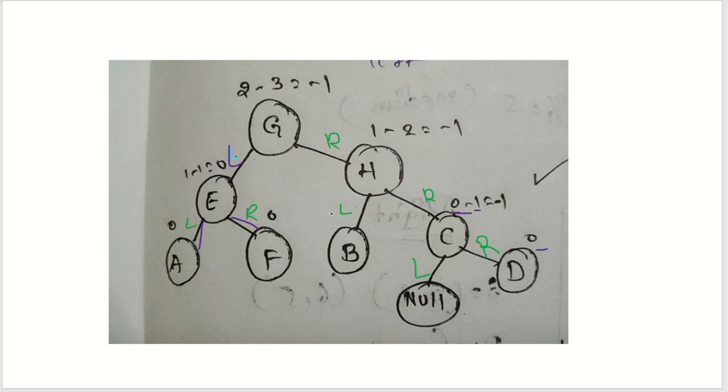And for B it will be 0, and for H it will be 1 minus 2; one is C and another one is D. So 1 minus 2 is -1. That means it won't satisfy the height balancing tree condition, because it just follows the binary search tree property. If you want, you can compare it, otherwise no need to compare or worry about it.